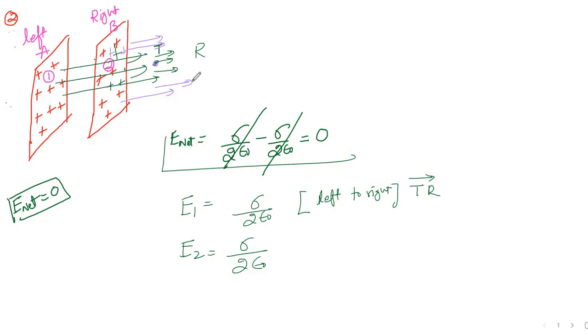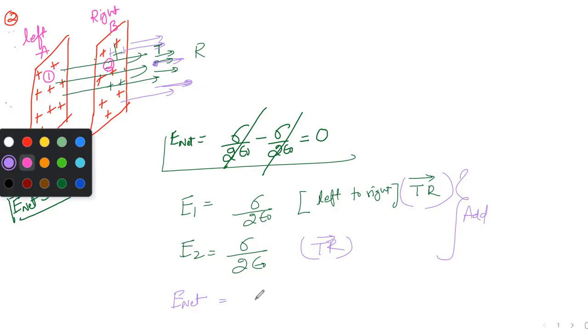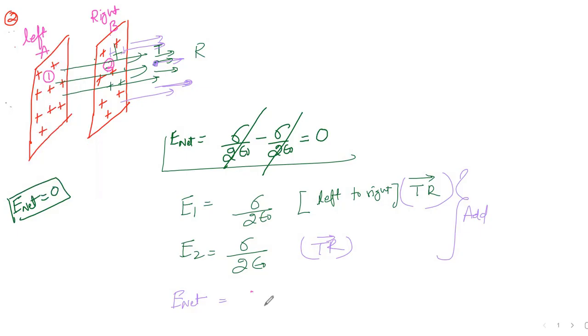So if we observe at this point, the direction will be again T to R. This TR is just telling the direction. So they both are from left to right. So to get the resultant, we should add. Correct? So E net will be nothing but sigma by 2 epsilon plus sigma by 2 epsilon.